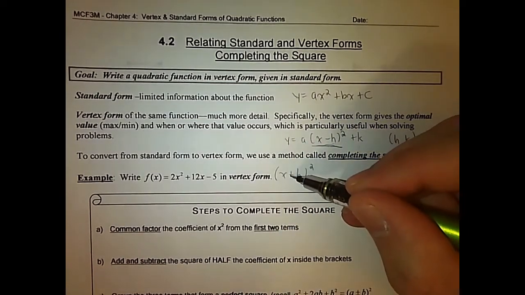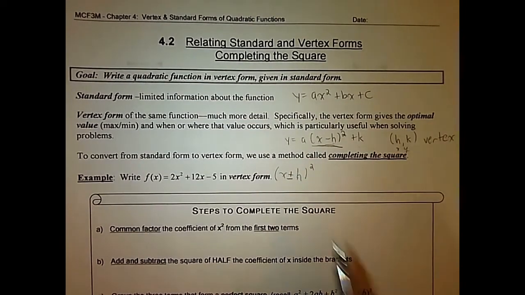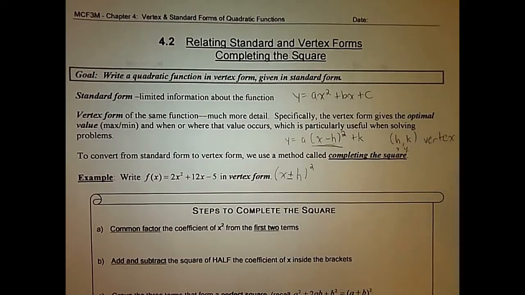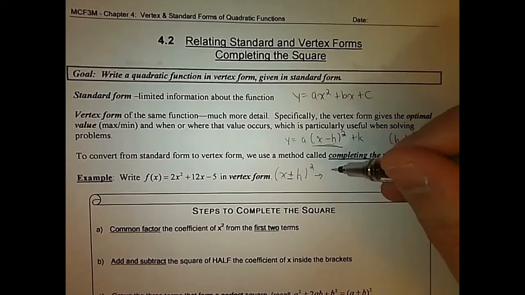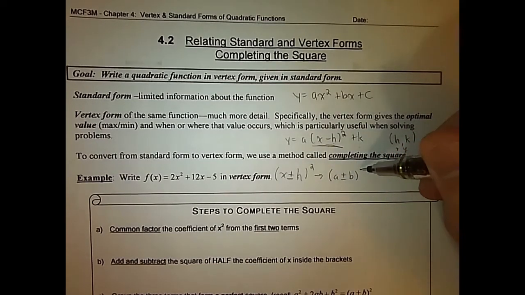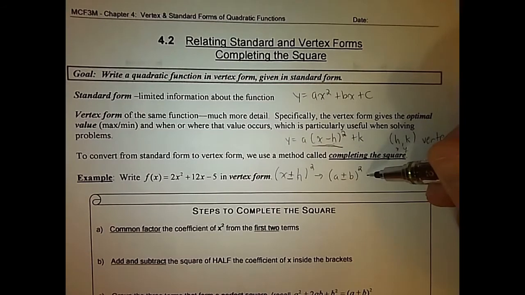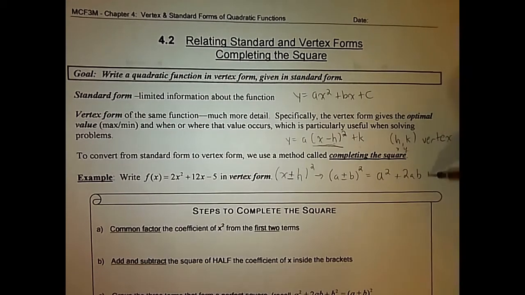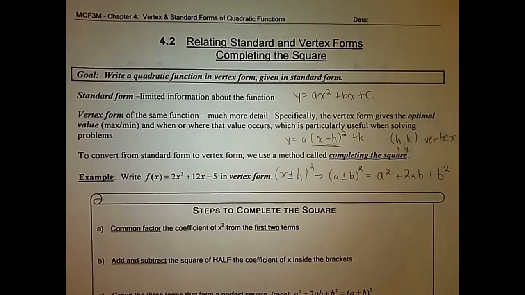So I'm just going to show that with a positive or negative sign. Well, when it's x plus or minus h squared, we learned from factoring that this is the same as this special case of a plus or minus b squared, and that is equal to a squared plus 2 times ab plus b squared. This was our special case when we were factoring.